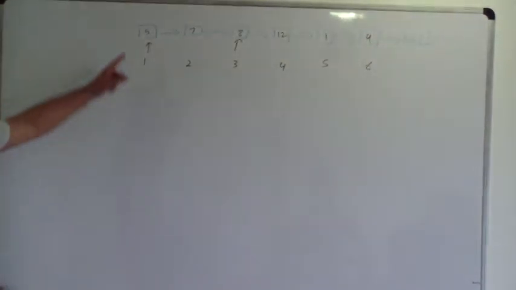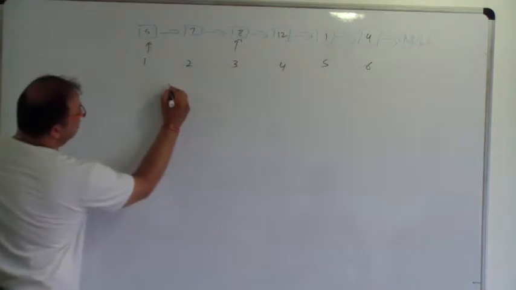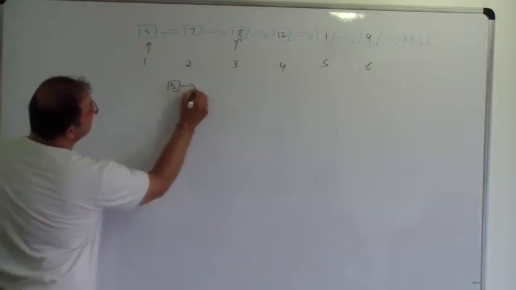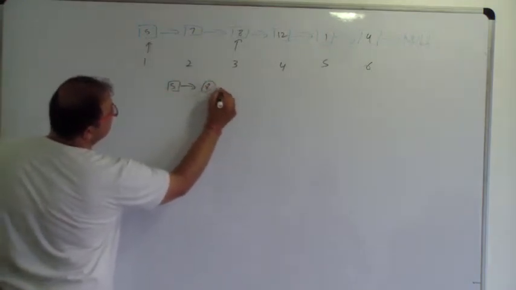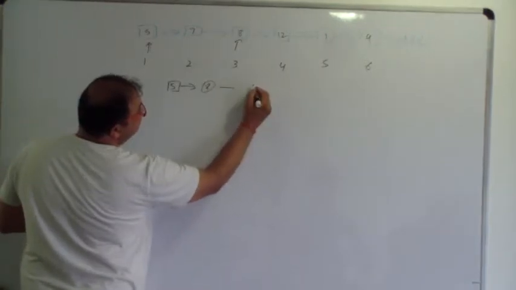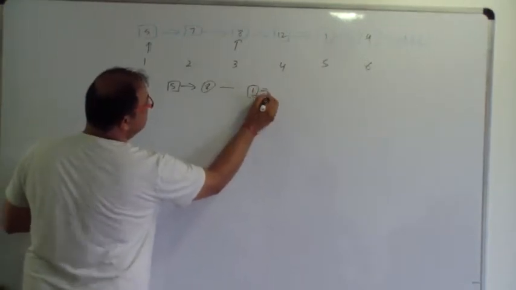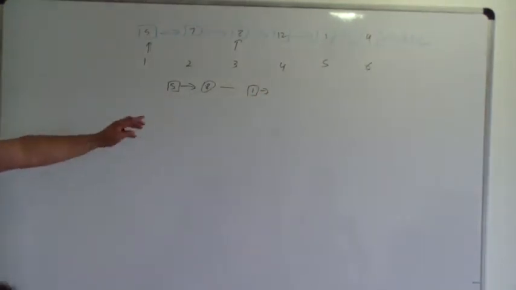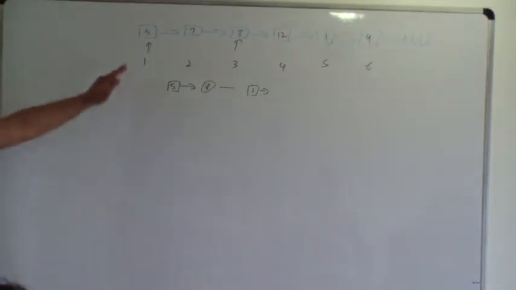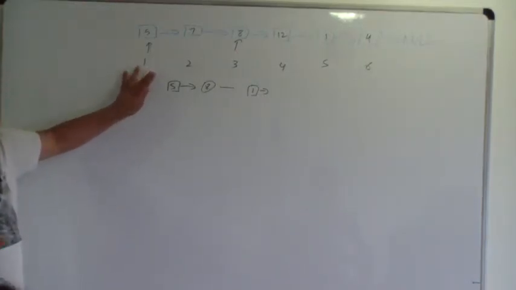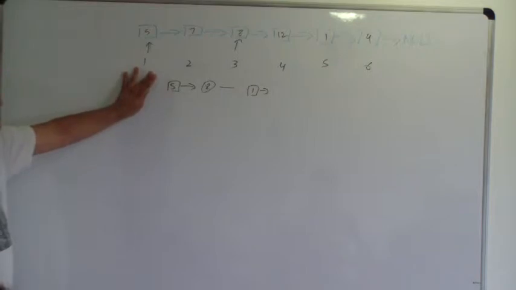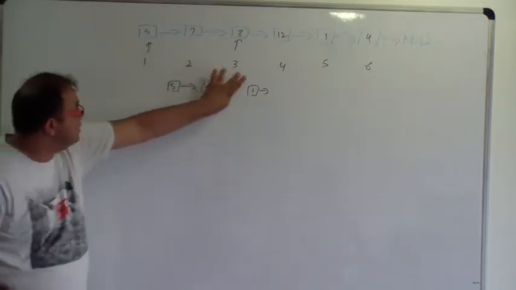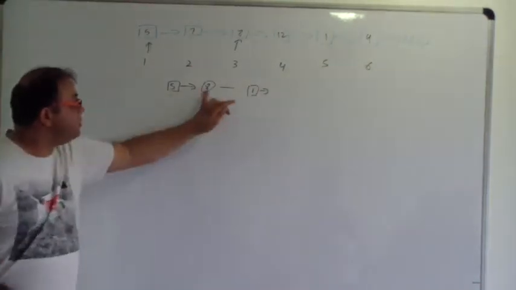The odd positions, one, three and five, are 5, 8, 1.